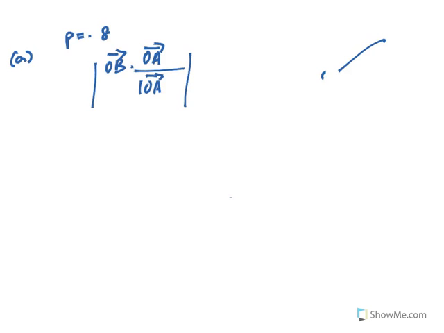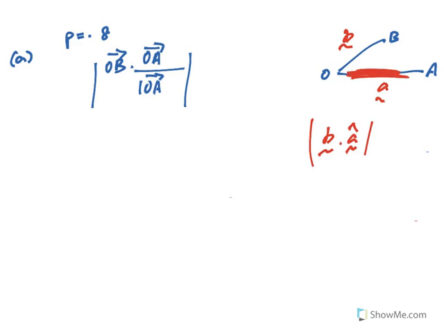OB onto OA, so OA provides the unit vector. So B onto A, length of projection is just B dot A hat.